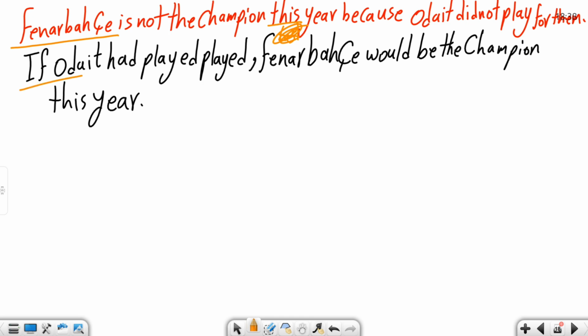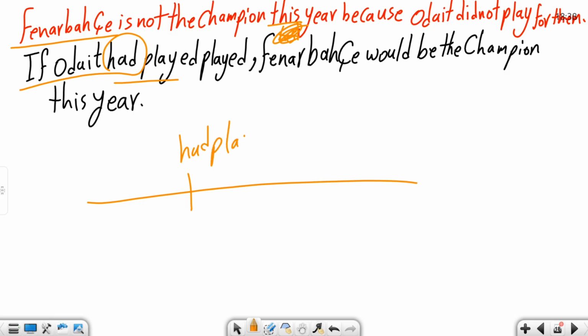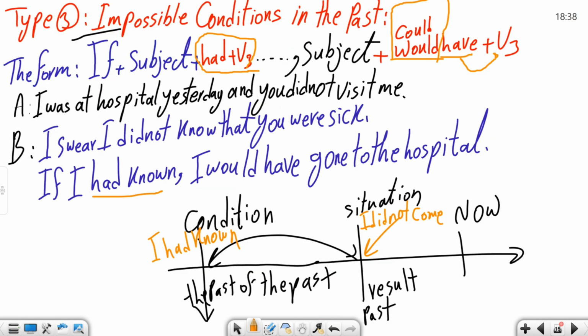We say, if Udayd had played in the past, Fenerbahçe now would be the champion. Here the condition is impossible in the past, so we use the type 3 conditional if clause.